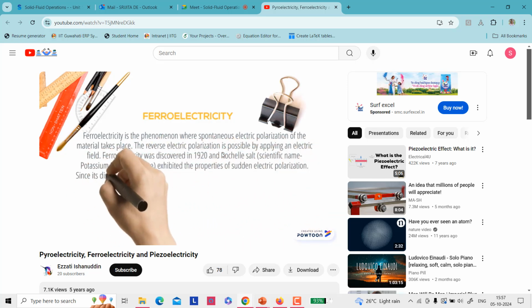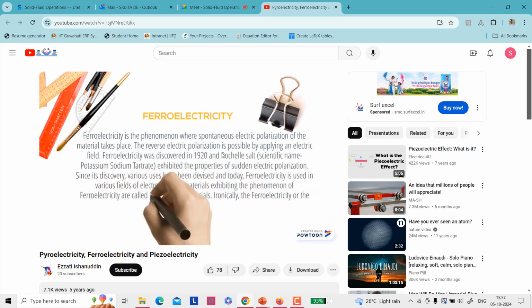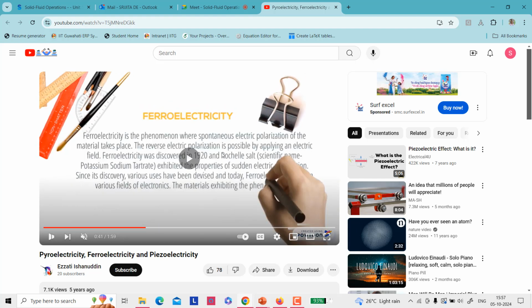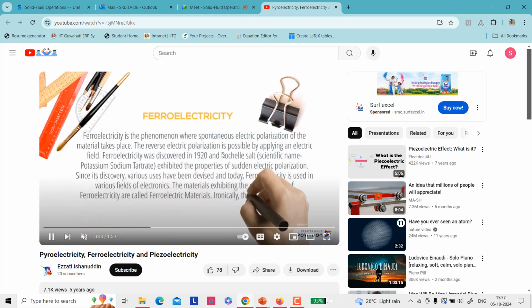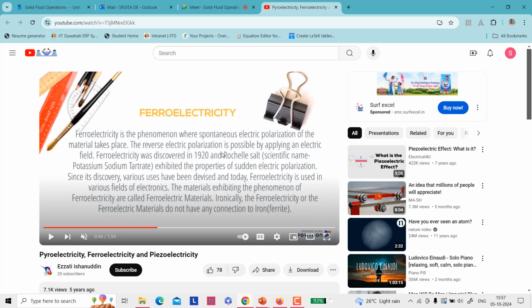So, what is it saying? Ferroelectricity is the phenomenon where spontaneous electric polarization of the material takes place. The reverse electric polarization is possible by applying an electric field.